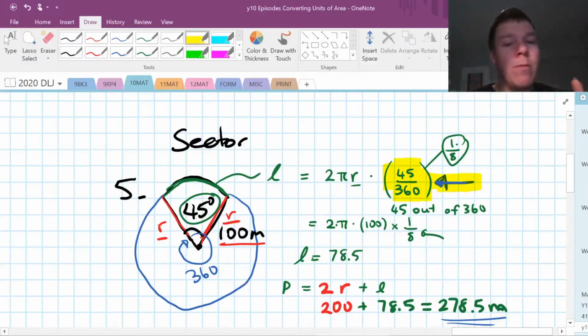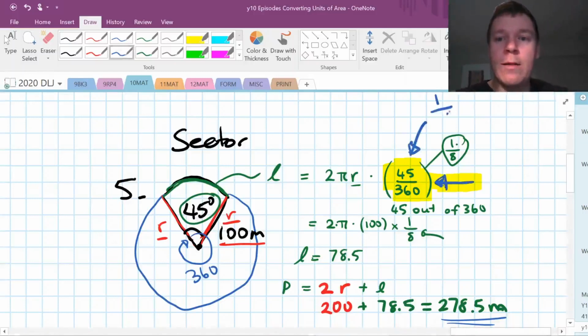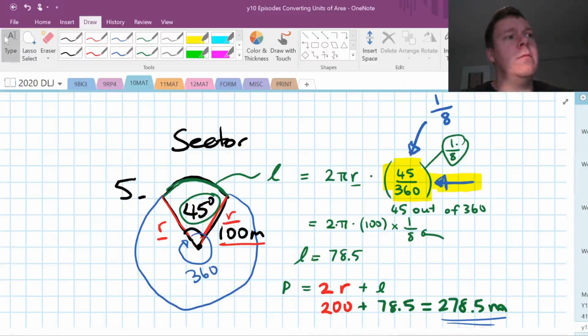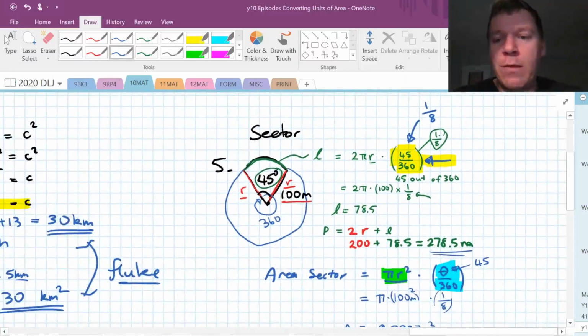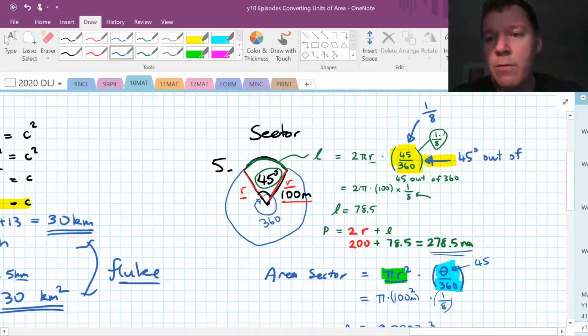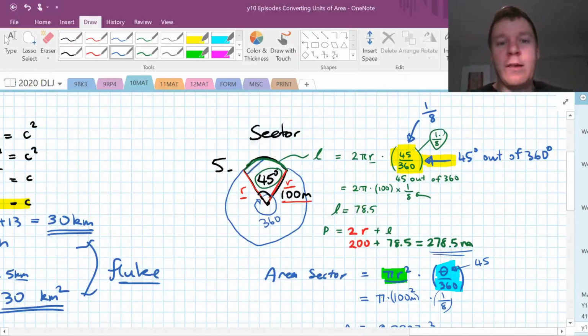So basically we've got 45 divided by 360, which is the same as 1/8, because we could divide 360 and 45 by 45. So it's basically 45 degrees out of 360 degrees. That's how big our sector is.